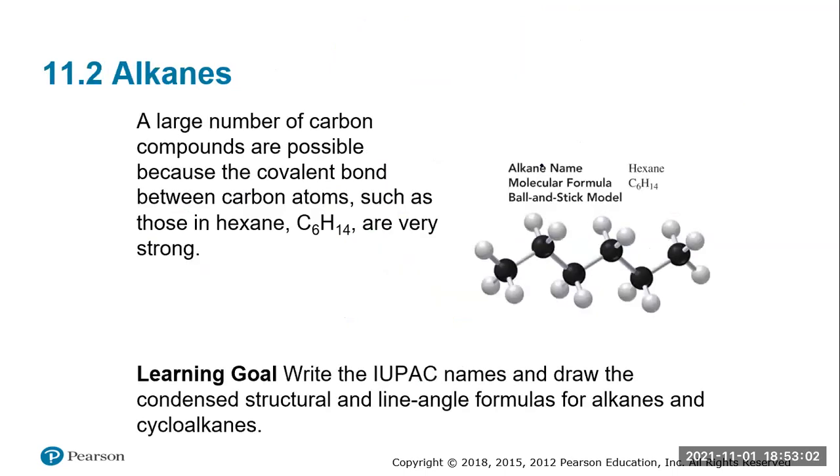So let's then talk about alkanes that we kind of touched upon a little bit here. Alkanes, again, functional group: carbon-carbon single bond. A large number of them are saturated hydrocarbons.